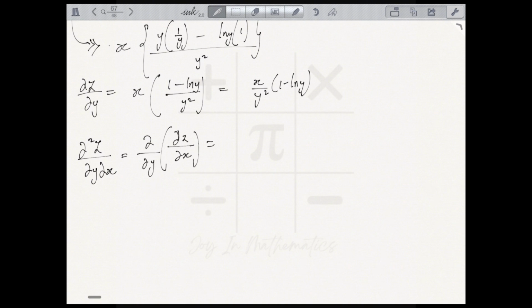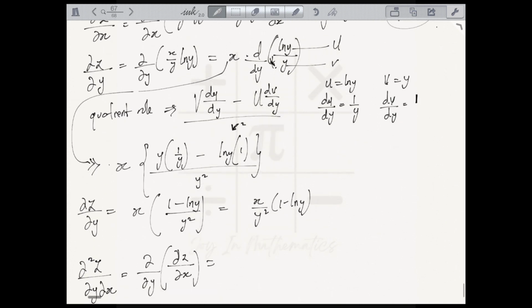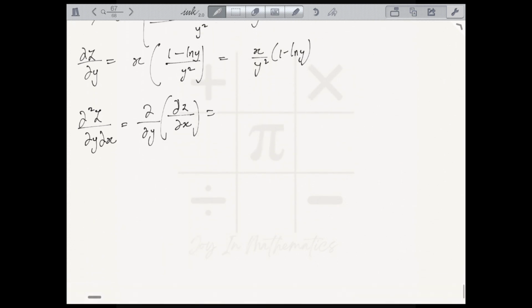Now let's go back and look for ∂z/∂x, which is here, and our answer is 1 over y ln y. That is differentiating again of ln y over y.